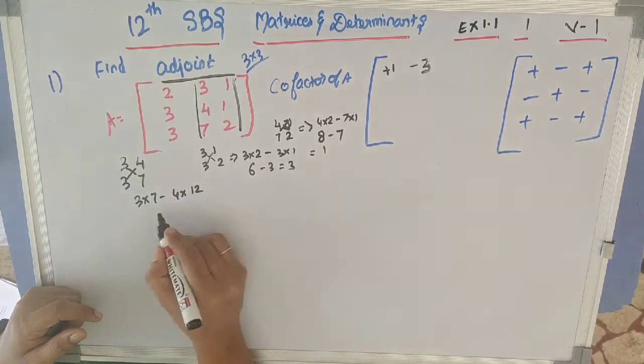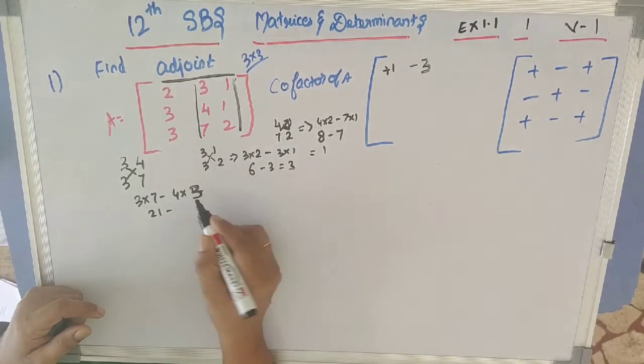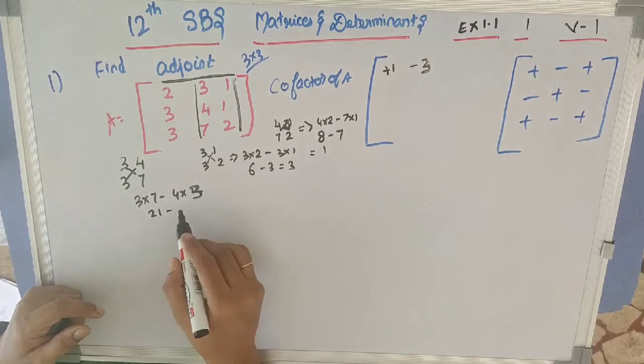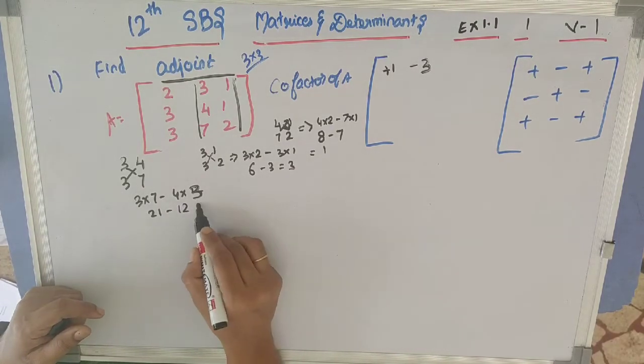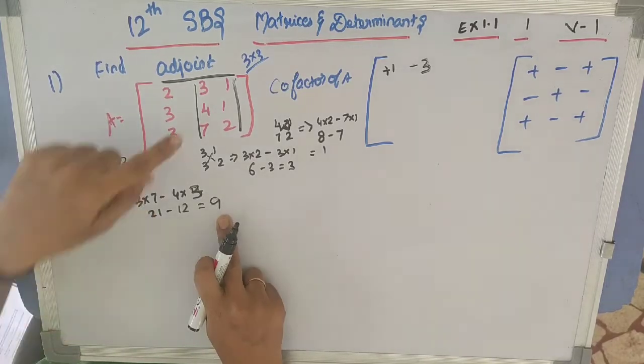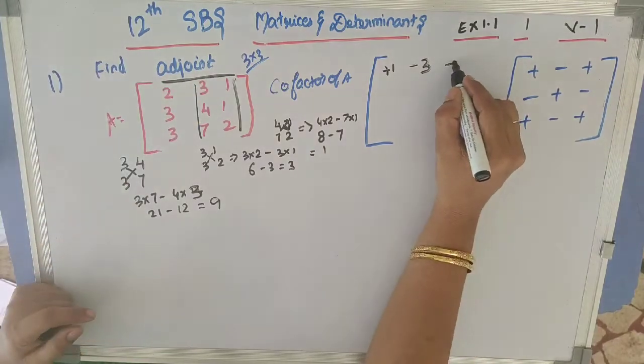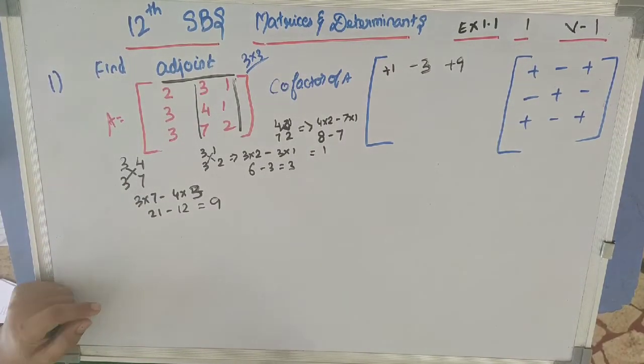So 21 minus 12, that is equal to 9. The sign convention for that place is plus. So plus 9. Hope you are following me.